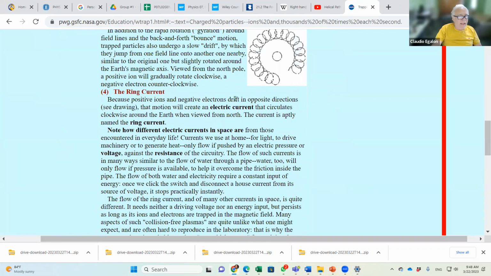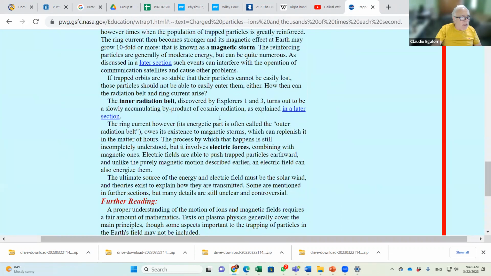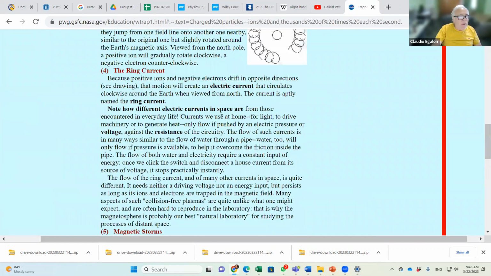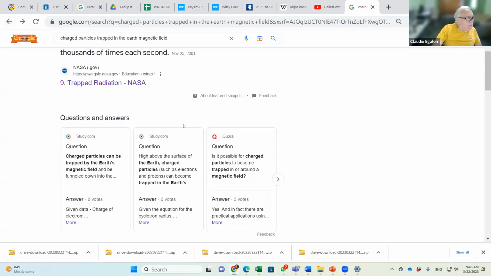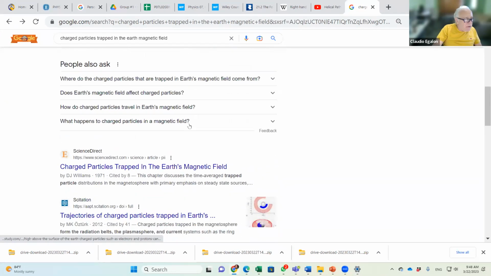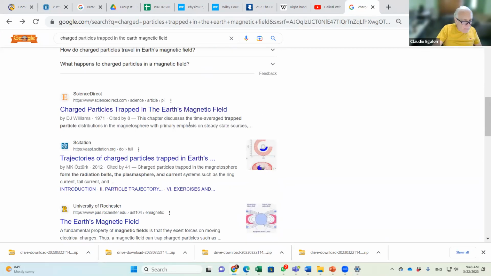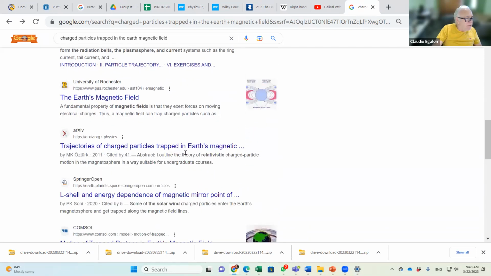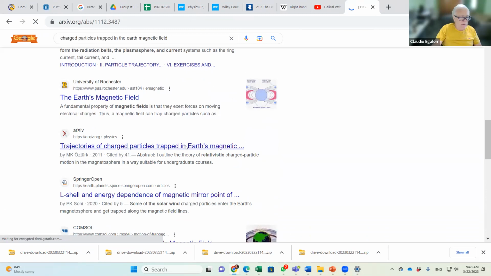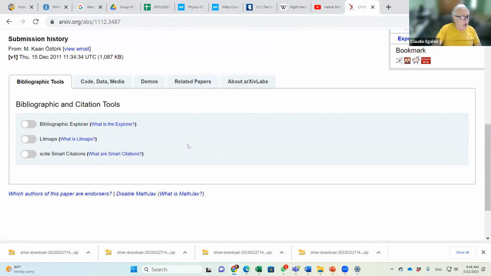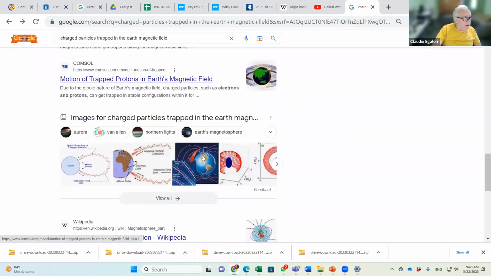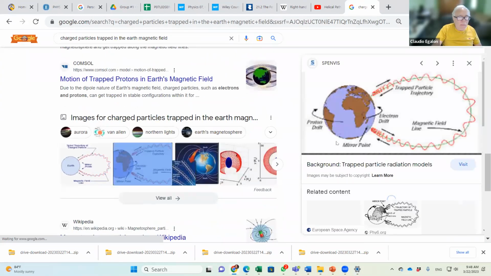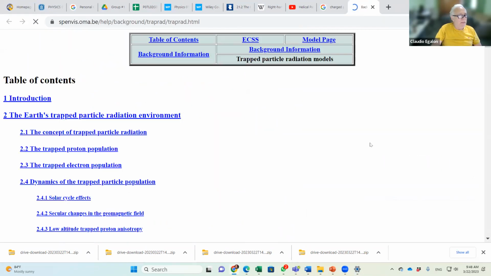It was more or less like that. See the helical path? I don't like this website, it's a NASA website. But illustrations are very good to better visualize a difficult phenomenon. Let's see if they have anything here. No, they don't. Too bad. Oh yeah, this one. This one is better.